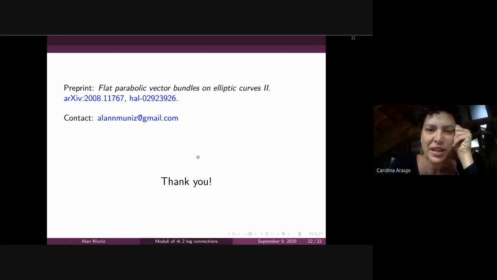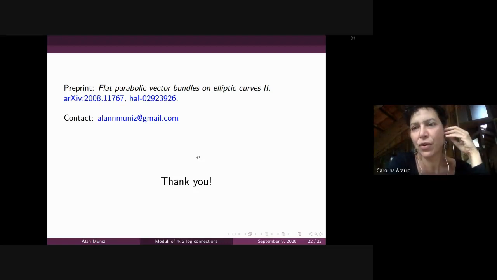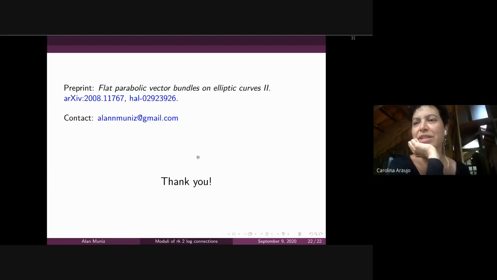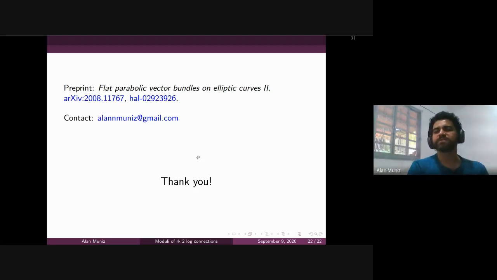And the other question is, what about the space of connections? Is the whole space projective or definitely not projective? Definitely not projective. Is there a natural way to compactify it? Some modular compactification? There are some ways to consider a compactification.